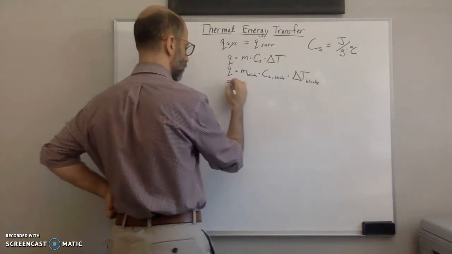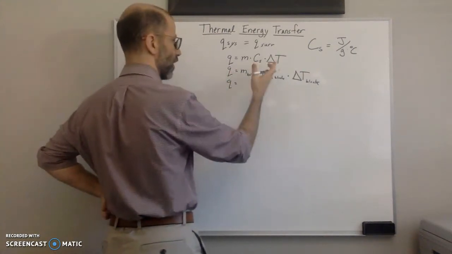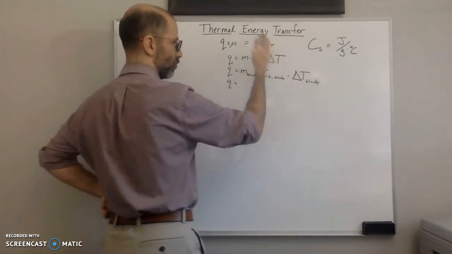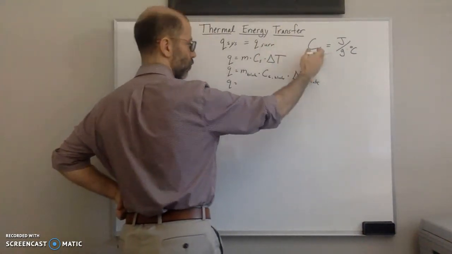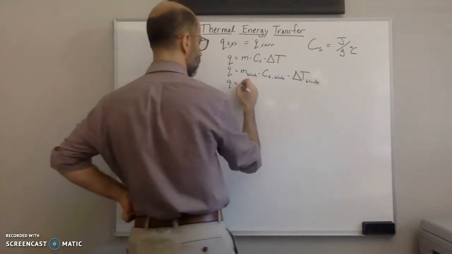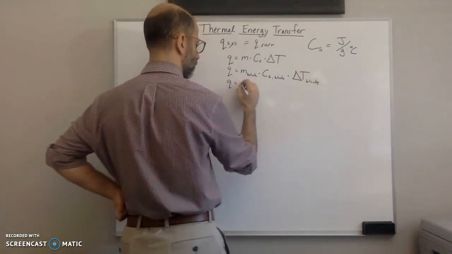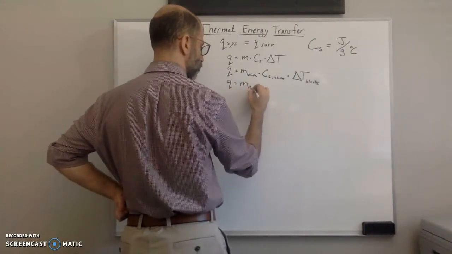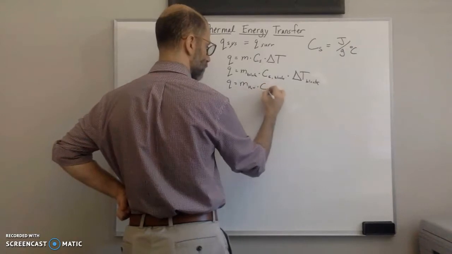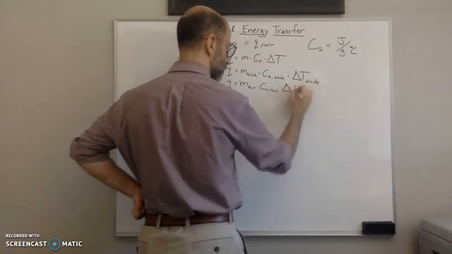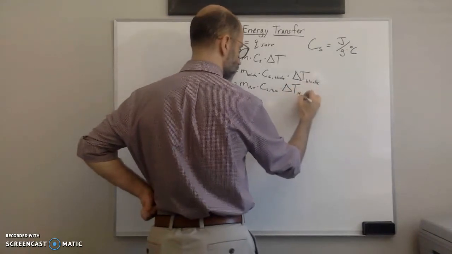That would be Q, same equation, because I would have the mass of the water, the specific heat of the water, and the temperature change of the water as well, right? So that's going to be the mass of the water, H2O, multiplied by the specific heat of the water, H2O, times delta T of H2O.